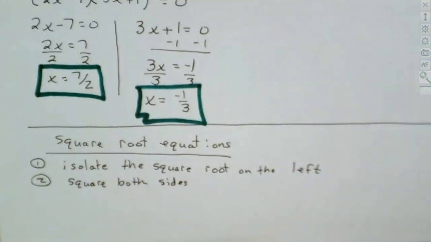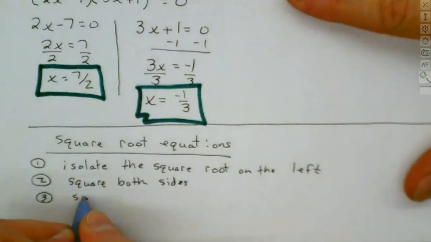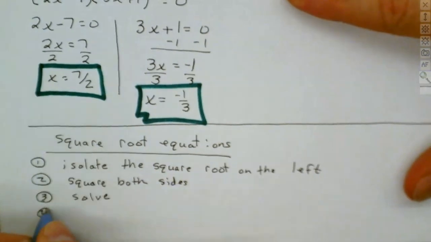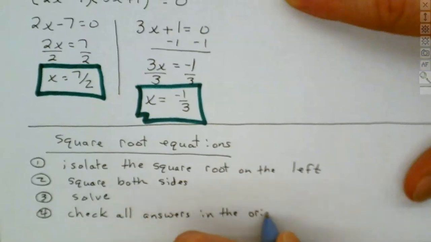So we're going to be squaring both sides. Step number 3 is you solve. And step number 4 is you check all answers in the original. So check all your answers in the original equation.